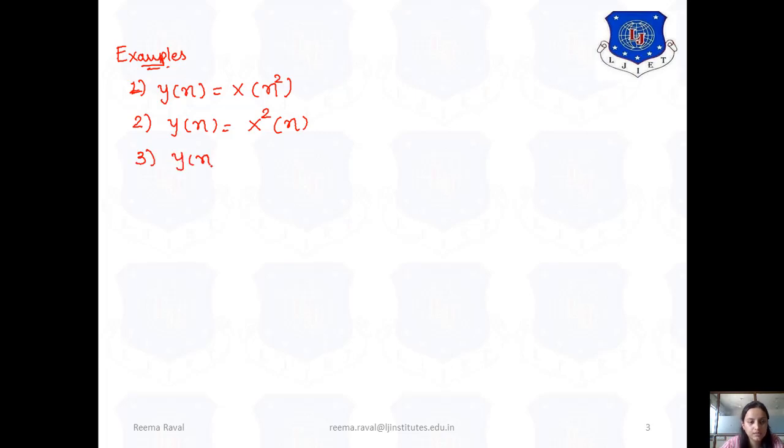And third example is y of n equals x of n. So these are the examples given to you. For this you have to find the 5 properties of this discrete time system.